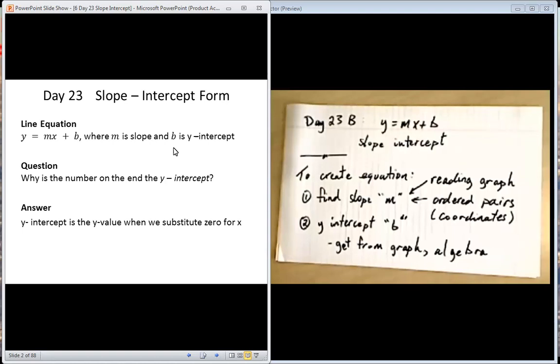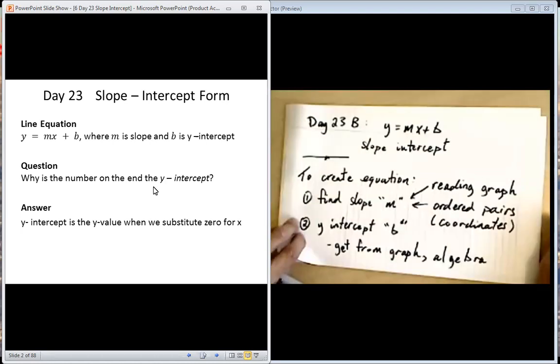Okay. Now, it says here, why is this number at the end, why is that b the y-intercept? And where does that come from? So I'll show you that first here.